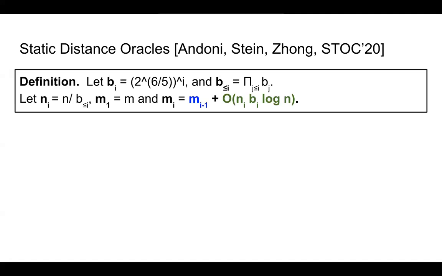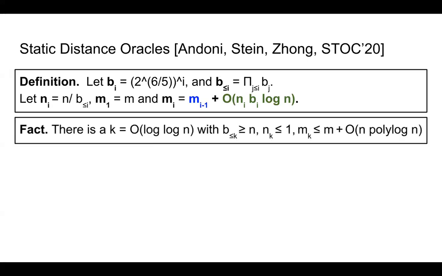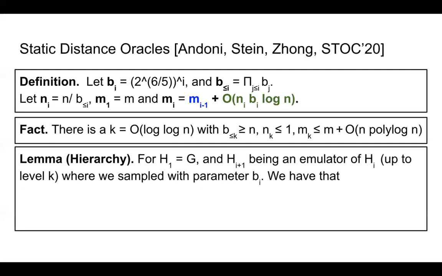All of these numbers will make a little more sense in a second. And then the fact is that you can get a certain k, which is log n. This makes sense because we are choosing a doubly exponentially increasing function for b_i. So you get a k of order log n, where b_{≤k} is larger than n. Okay.